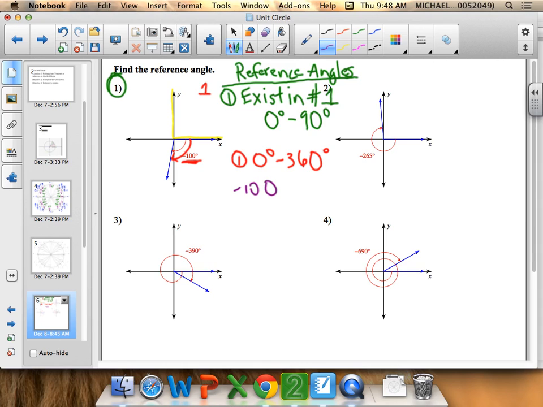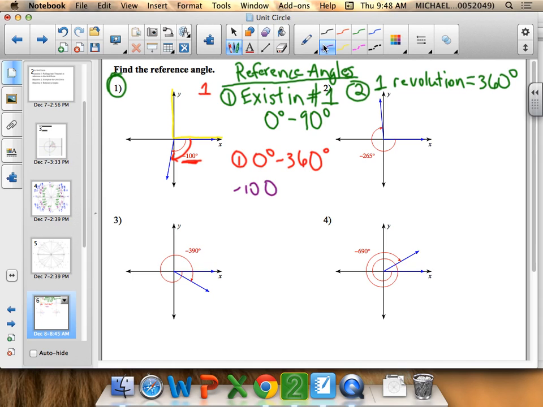I add what's called one revolution, and this is the second piece of notes you would put up here. One revolution, I'll put rev for short. Revolution equals 360 degrees. One time around the unit circle is 360 degrees.